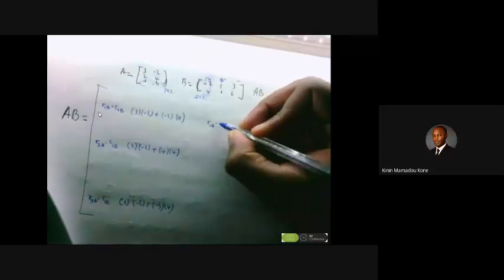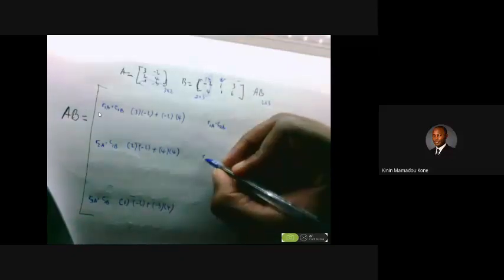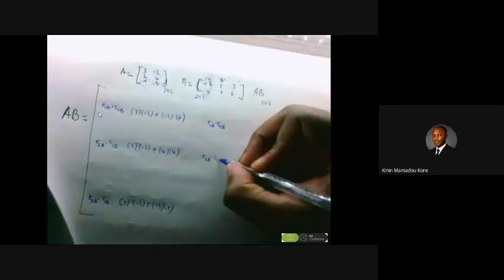row 1 of matrix A, multiplied by the column 2 of matrix B. Row 2 of matrix A multiplied by the column 2 of matrix B, and then row 3 of matrix A multiplied by the column 2 of matrix B. Okay, so this one times this one. So the first entry times the first entry plus the second entry times the second entry.